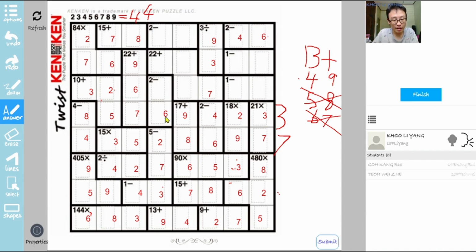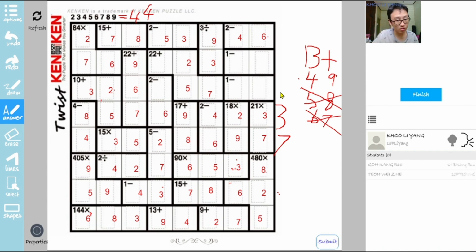Since 3 is in this column, 3 will be here and 5 will be here. This column, the only numbers left are 2 and 5. So 2 will be here and 5 will be here, since 2 is already in this row.